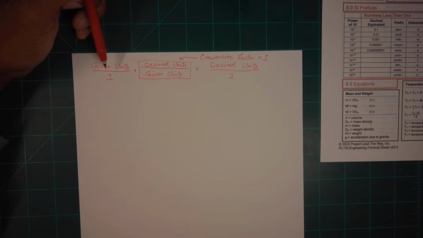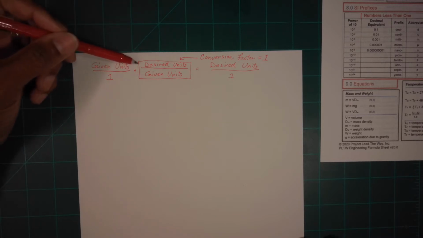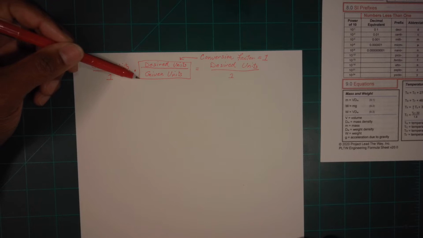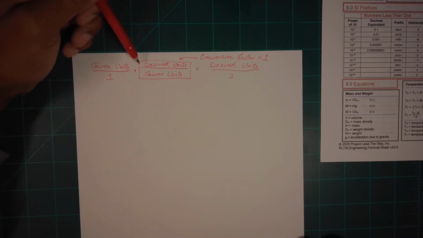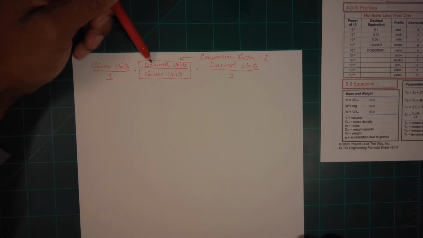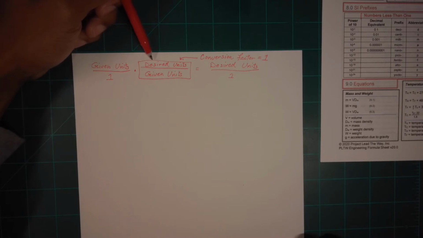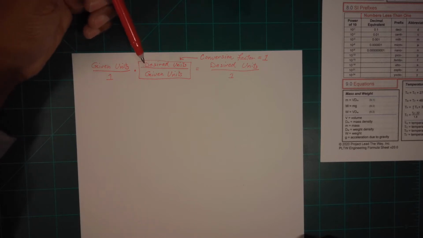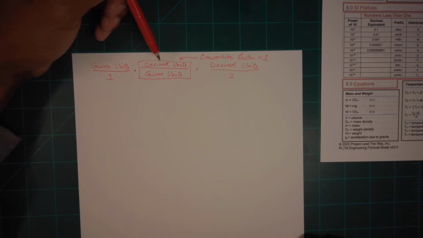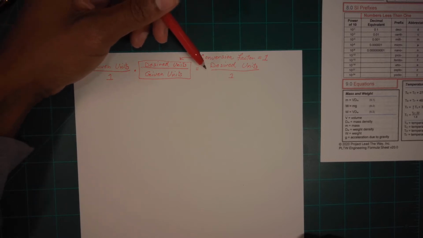In our conversion factor, the desired units are always in the numerator, and they are equivalent to the ratio in the denominator, which is our given units. That conversion factor must equal 1.